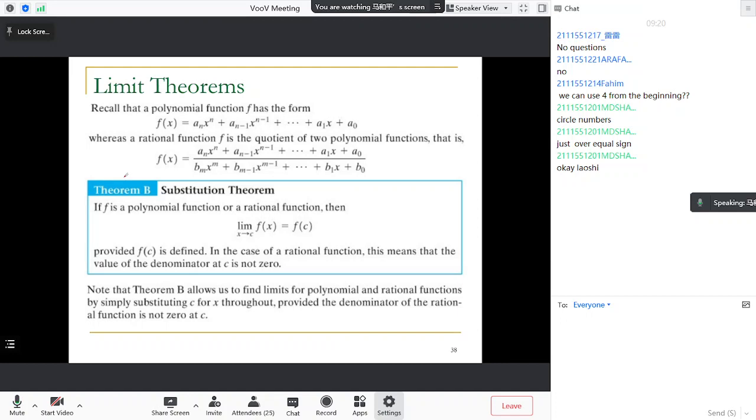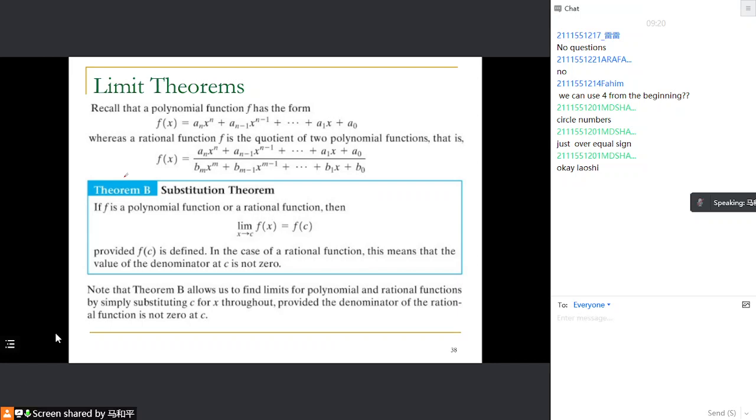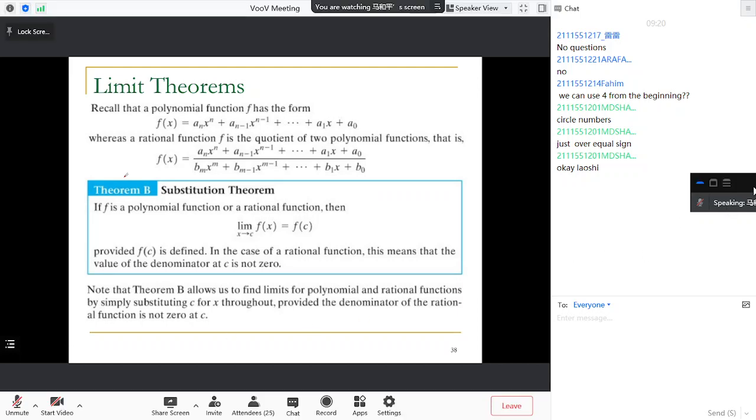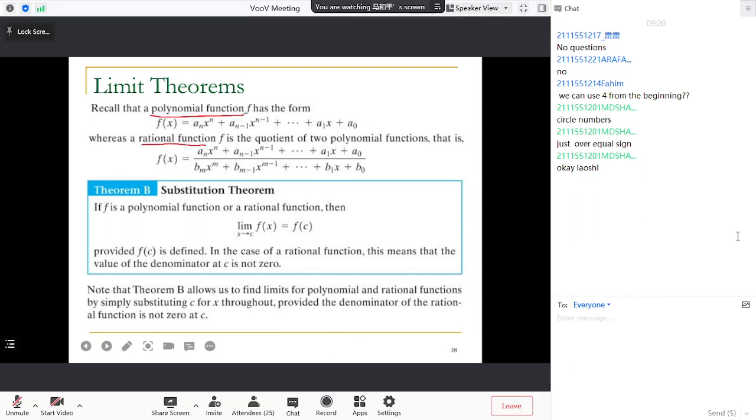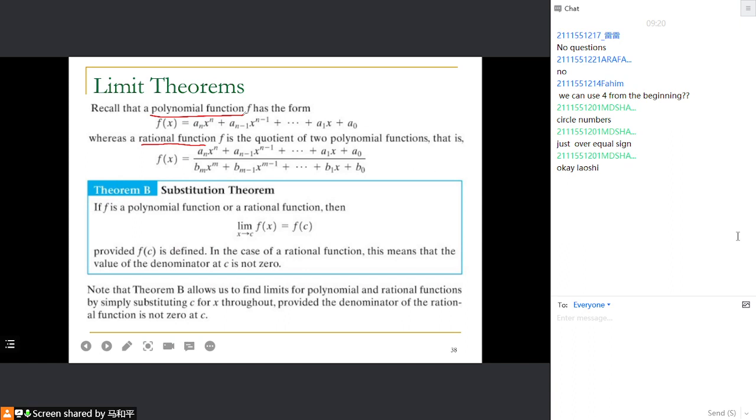Okay. And then we have the polynomial function. I hope you remember the polynomial function f has the form a_n x^n plus a_(n-1) x^(n-1) plus ... plus a_1 x plus a_0. And the rational function, I hope you remember, is a quotient of two polynomial functions.